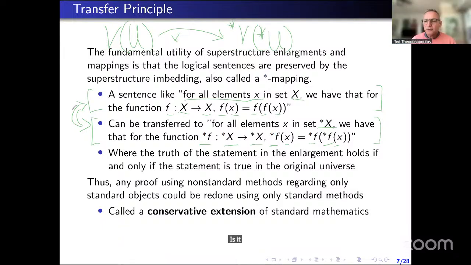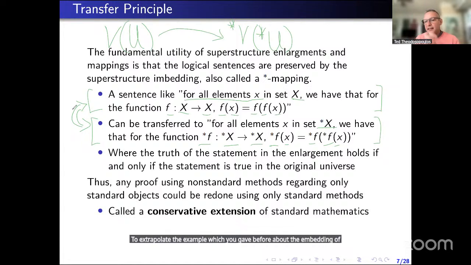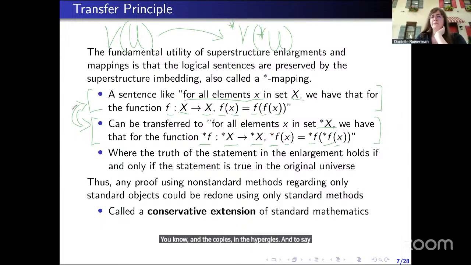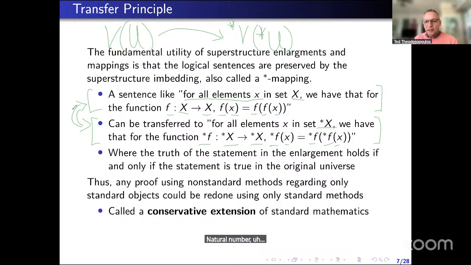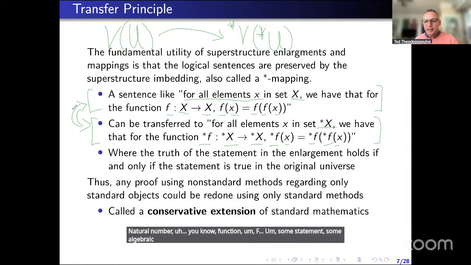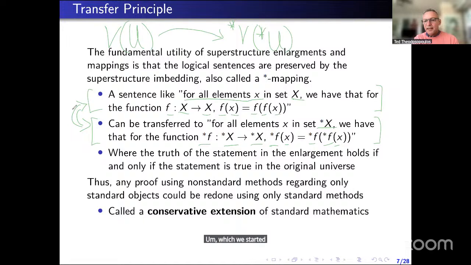Is it not incorrect to extrapolate the example which you gave before about the embedding of n in star n, in the copies, in the hyperfields, and to say, for example, we could have had some natural number, function f, some algebraic identity, let's say, which we started off with, and then that the extension essentially is saying that the same thing would hold in this more general setting?